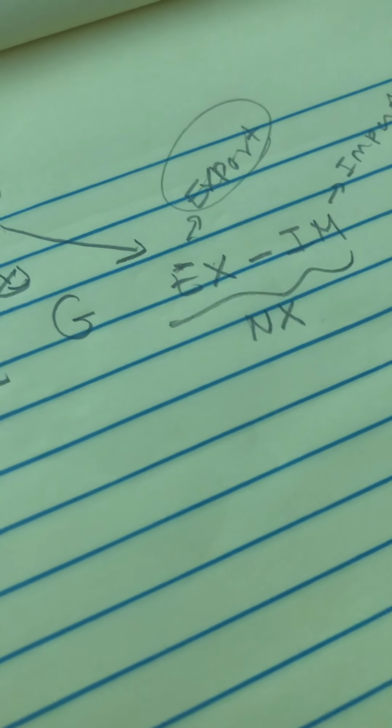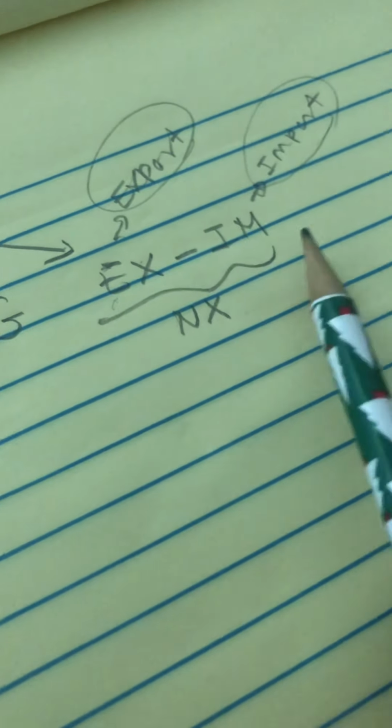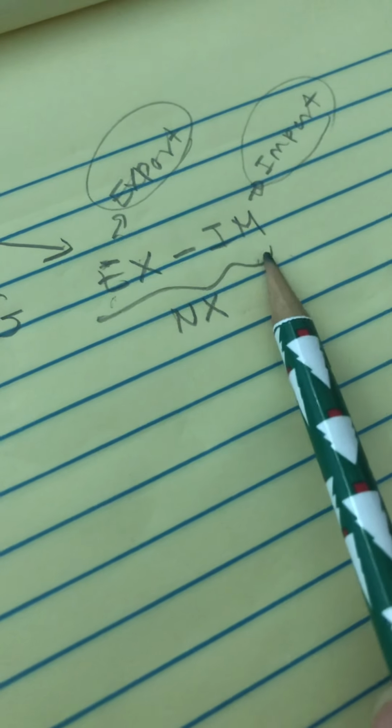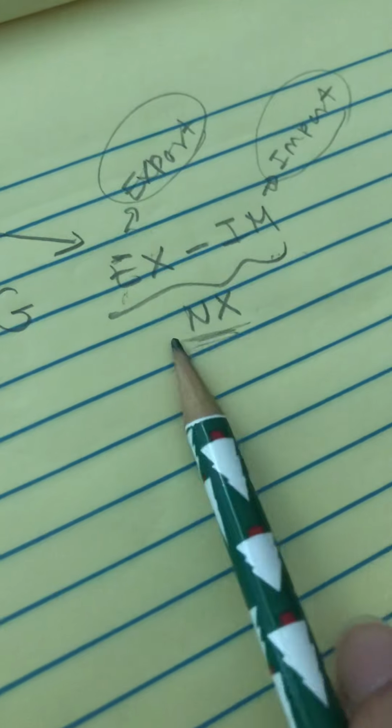Export is what we sell as a country to other countries, okay? And import is what we buy as a country from other countries, okay? So the value of how much we sell minus the value of how much we buy from other countries will give us the net export, okay?